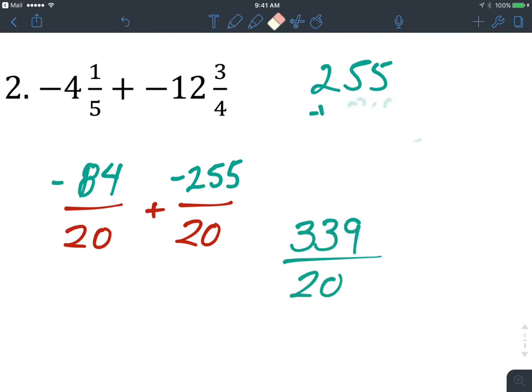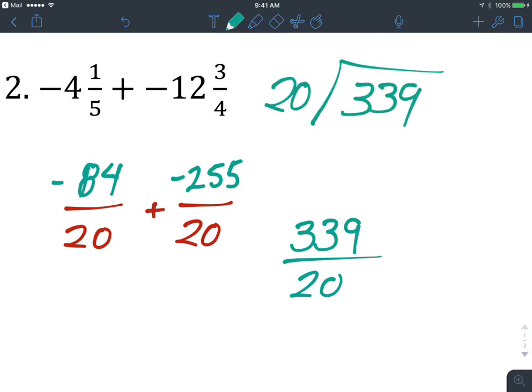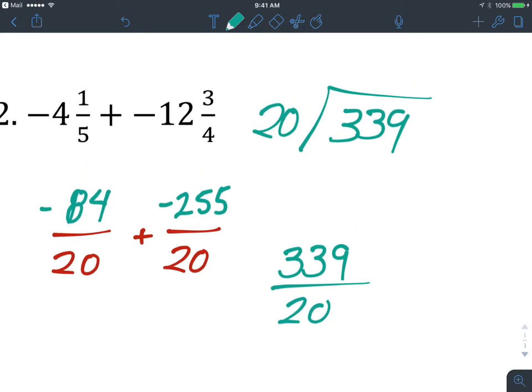And then can 339 simplify? Definitely. But how many times? Let's go ahead and divide. 339 over 20. 20 goes into 33 one time with a remainder of 13. Drop down the 9.